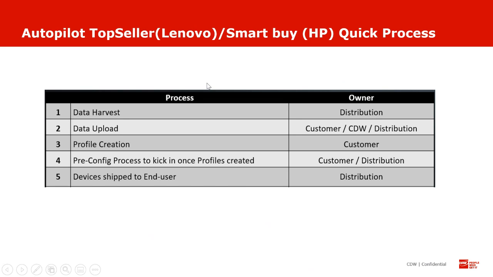This is the quick process guide for Lenovo Top Seller and Smart Buy, showing the process and who's involved depending on the scenario. Some of the scenarios are different depending on the vendor. Later on in this segment, Nick and Byron will go over the Lenovo and also HP experience with Autopilot.